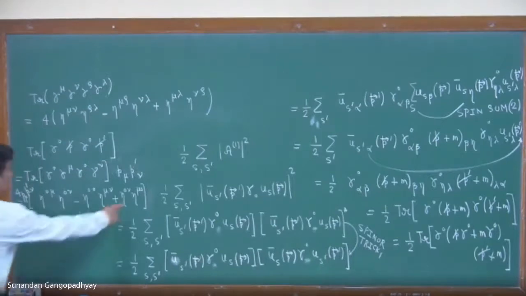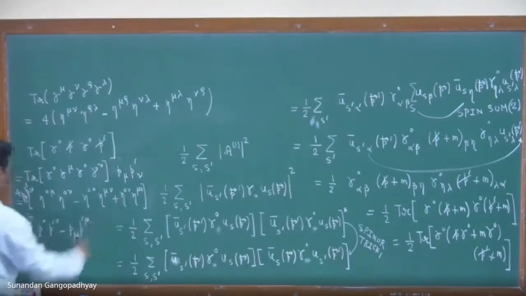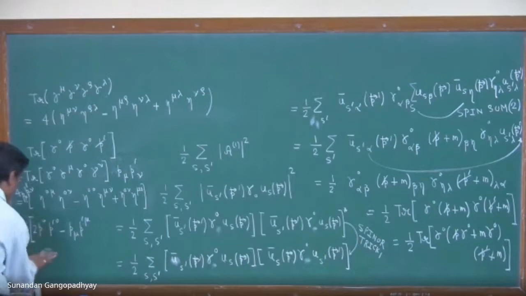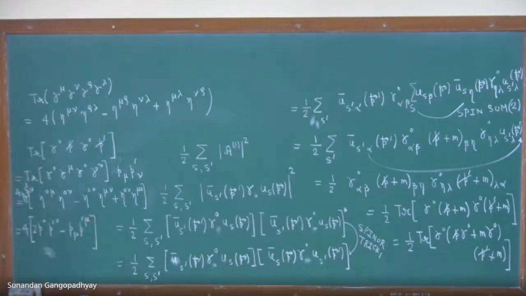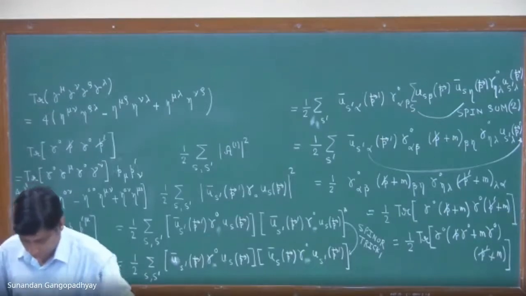And the last term will be once again p prime 0 and p 0, right? So you can just put in a factor of 2 because it adds up with the first factor. This is what we have.